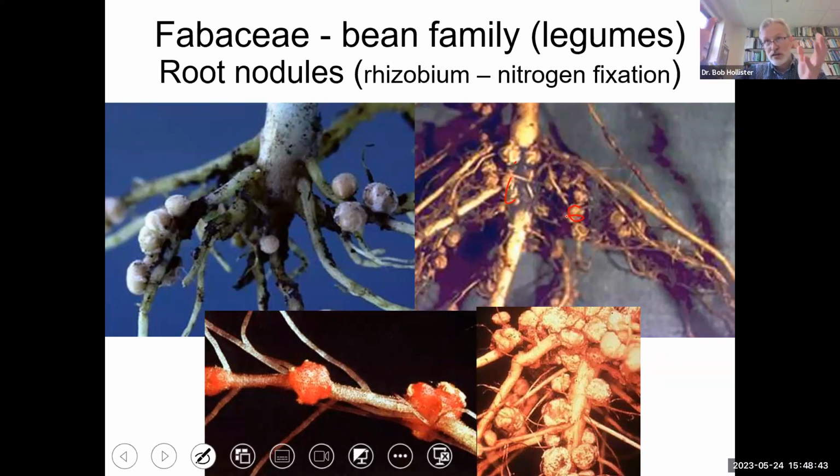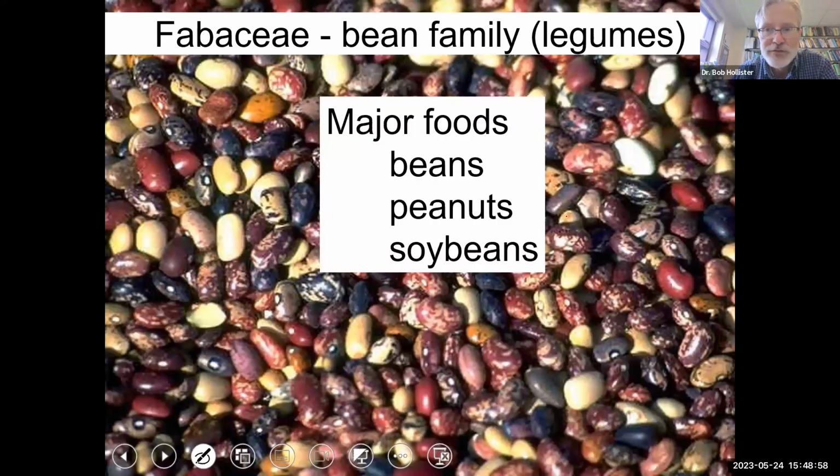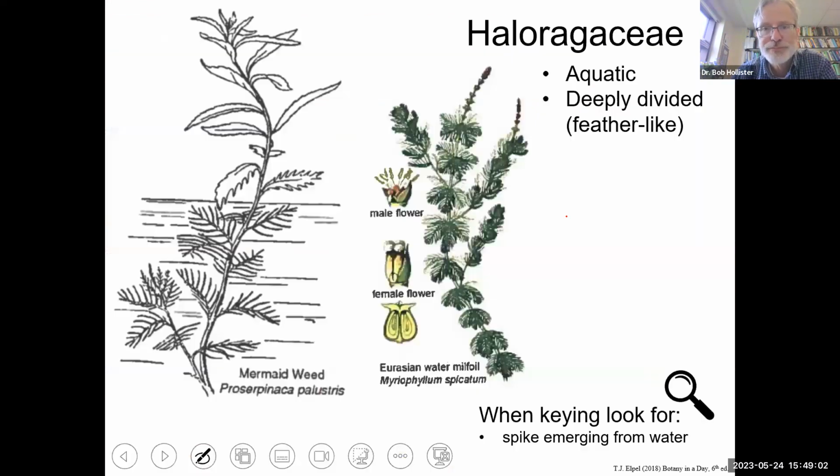During the year they get a lot of nitrogen, and as those break down, that's nitrogen fertilizer. Fun aside, but Fabaceae is super important. They're a super important family for food, all your beans.